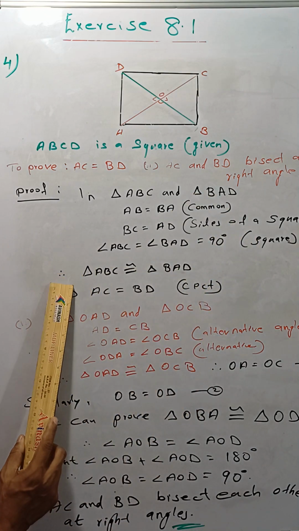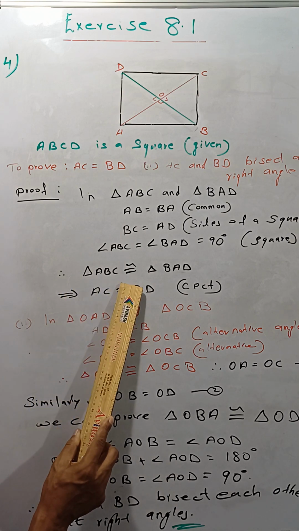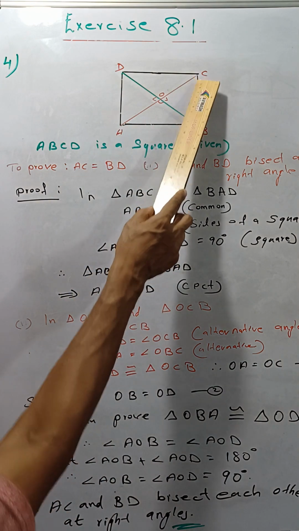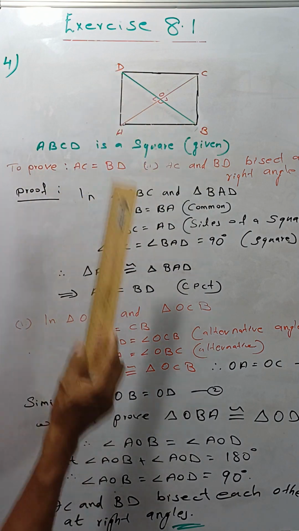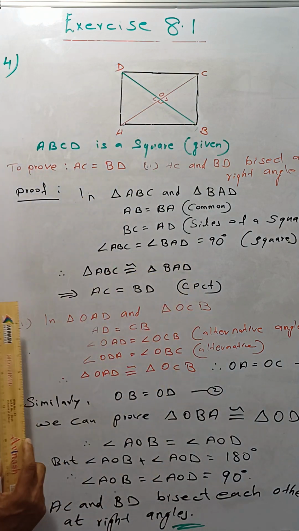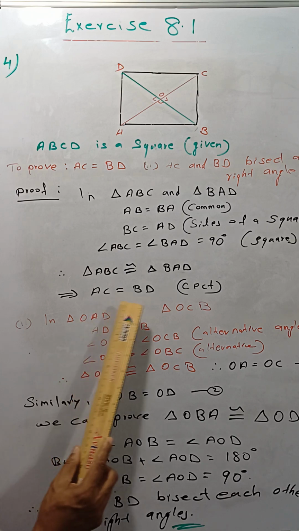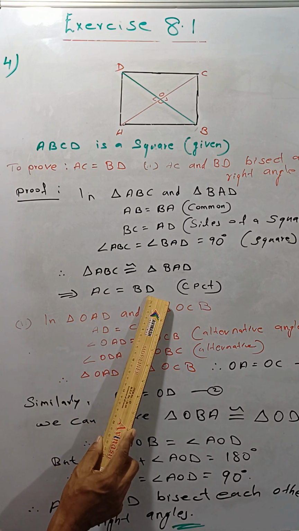Therefore, we can say triangle ABC and triangle BAD, these two triangles are congruent. Therefore, we can say AC is equal to BD.